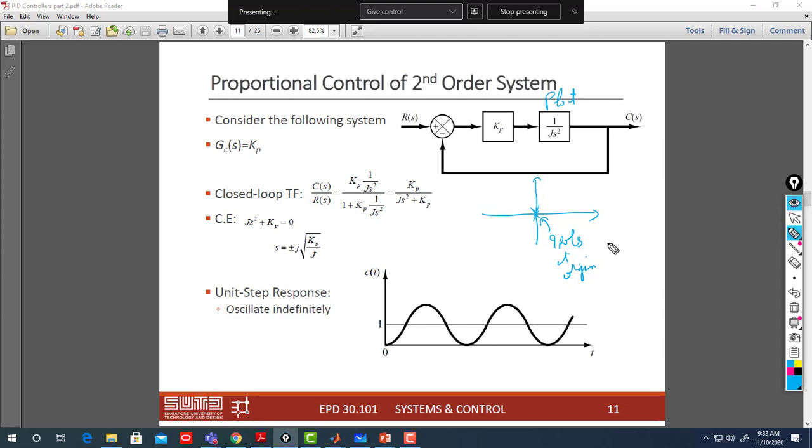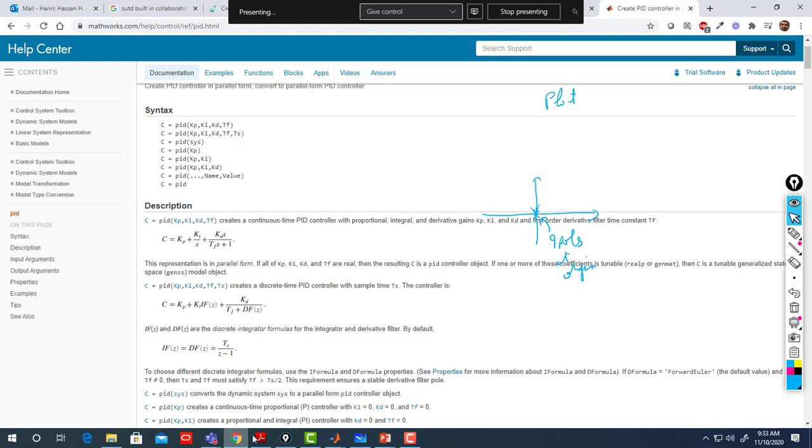If I have two poles at the origin, is the system stable or unstable? Yes, when it's on the origin, it's marginally stable.